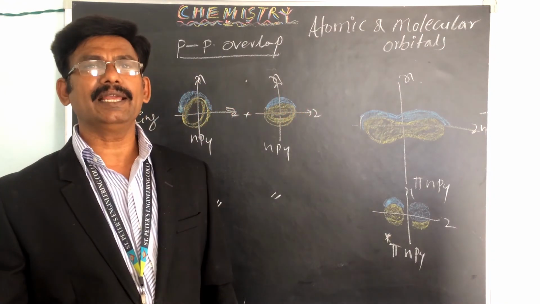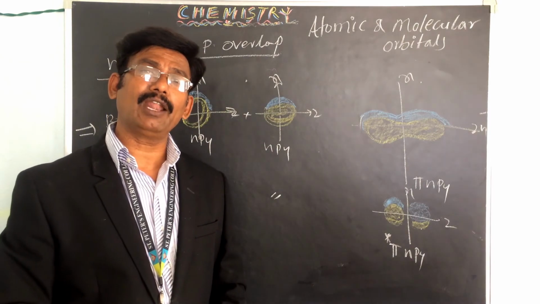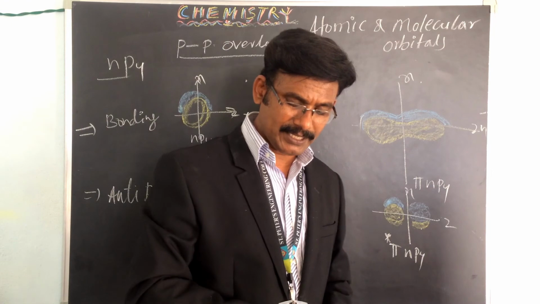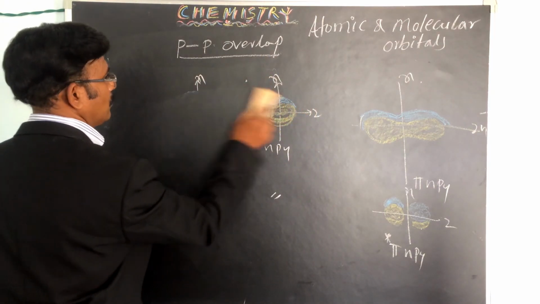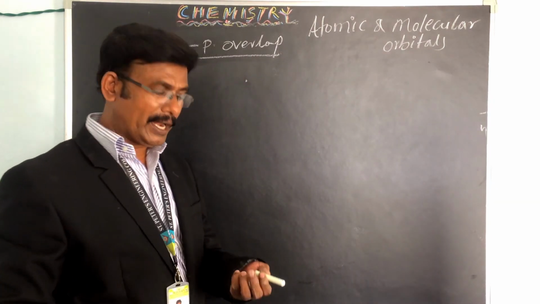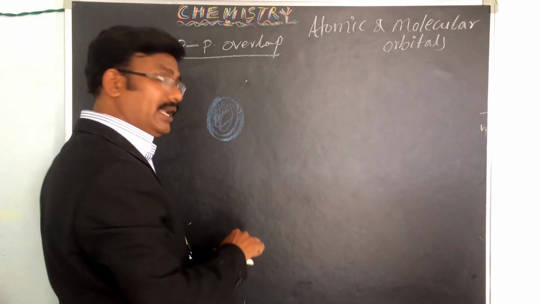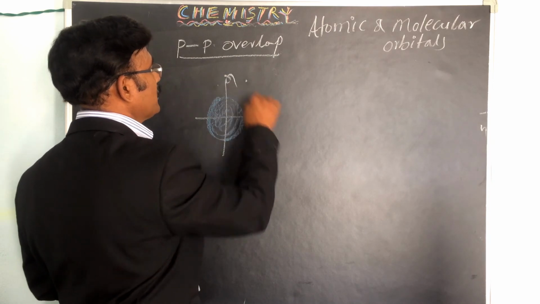Okay, and finally, we know that sp overlap means one s orbital and one p orbital, that is the NPZ. So look at it. One s orbital, round, we know that it is round. Okay, that is x direction and z direction.